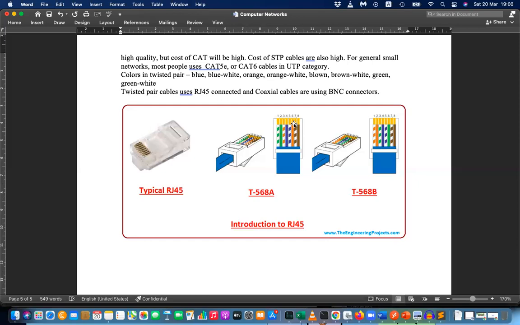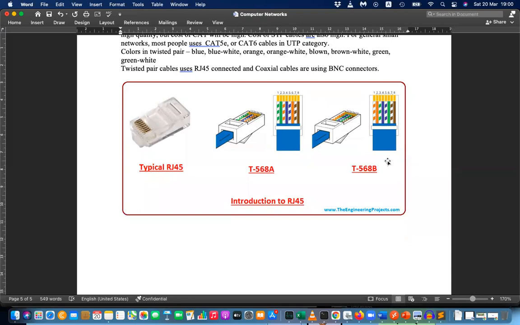Okay, let me explain. One side 568B and the other side 568A wiring means the two sides use two wiring techniques. Then we call that cable a crossover cable. Crossover cables are used to connect one device to another when the devices are the same. For example, a laptop can be connected to another laptop using crossover wiring.